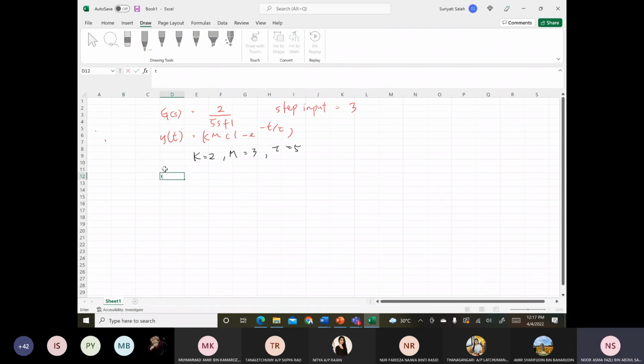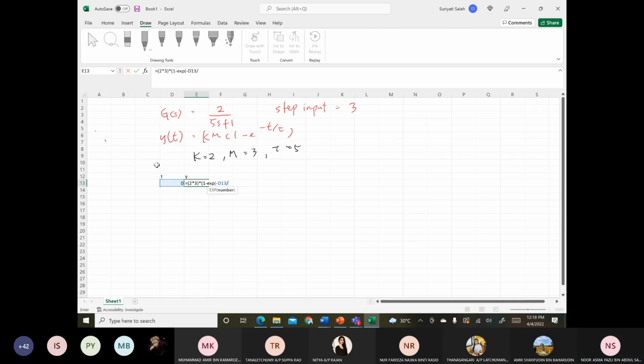So we just substitute the values to obtain the y value. Let's say here t represents time and y is my output. So here let's say I put 0 equal to K M, 2 multiplied by 3, where M, the magnitude, is equal to 3, multiplied by 1 minus exponent negative t over tau.